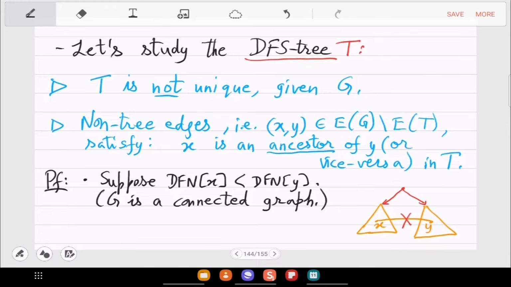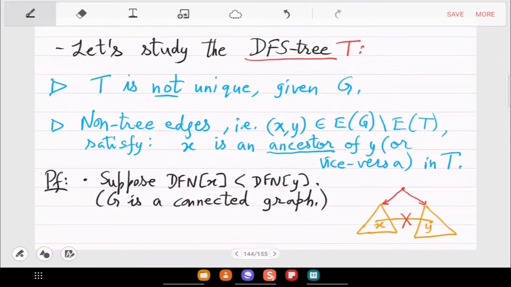So when X was visited first, DFS X started and Y is still unvisited, right? Remember that in the code there is a visit array also which is maintained. So DFN and visit are both arrays. Initially everything is unvisited.